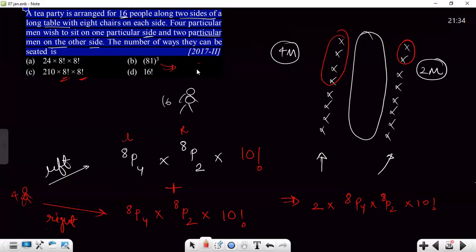Okay, what is 81 squared? This question is becoming tedious now. 81 into 81 is 6561. Let me save the file first.